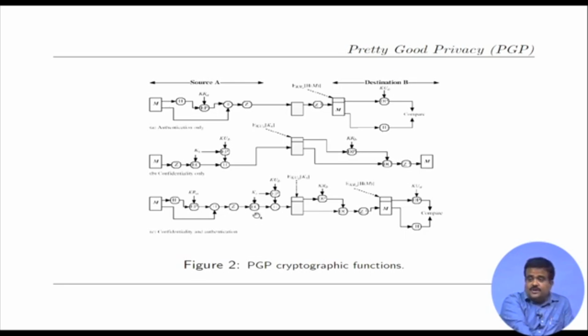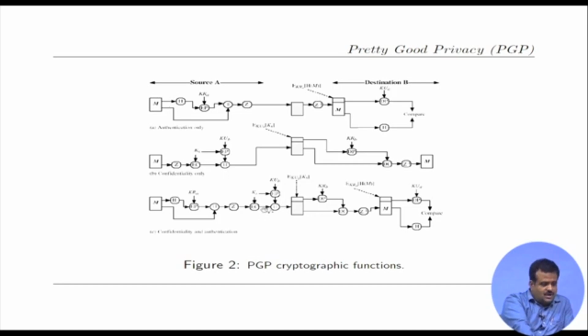Then you do the symmetric key encryption using a randomly generated key, which is KS, and KS needs to be sent to Bob in order to decrypt it. This KS is sent to B by encrypting it using the public key of B, so that only B can decrypt it.